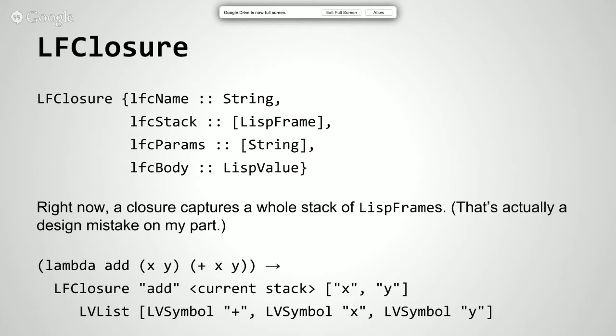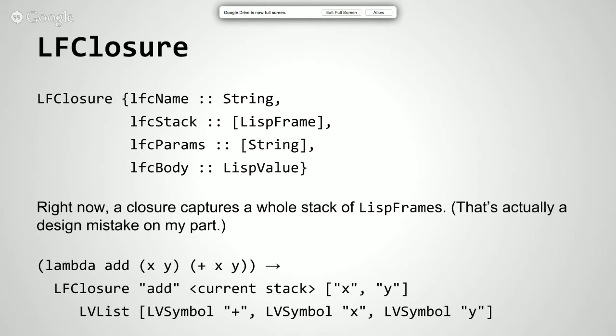And the body is a Lisp value, because that's the idea behind Lisp: code is data, data is code. So when we have this lambda expression, we give it the name add, two parameters x and y, and the body is the form. That's a piece of Lisp.